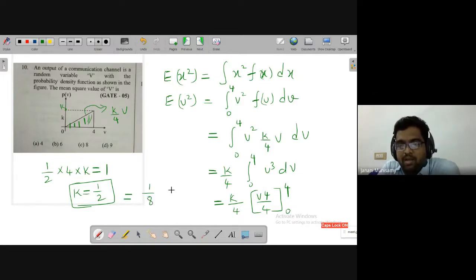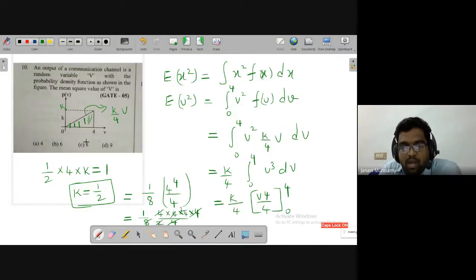Then it is 1 by 8 times 4 power 4 divided by 4. Are we getting any answer here? So 8 is coming. So 8 is the answer.